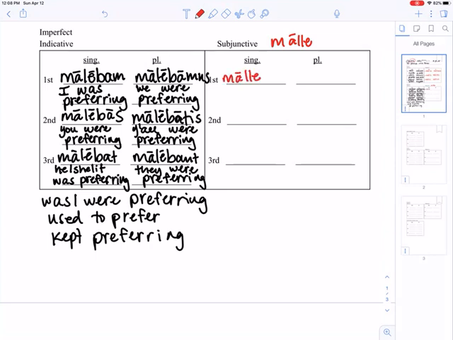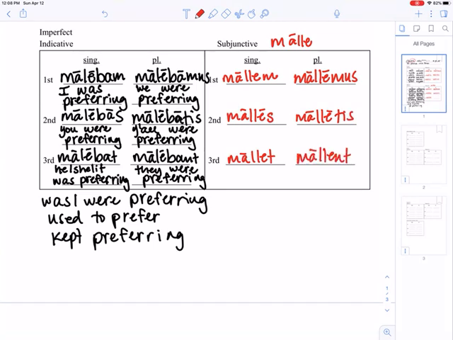And so we'll have malle, and then we're going to add M. Just like we've done for the second singulars before, we're going to put a macron over that E, and then add S. And we'll have malles. For third singular, mallet, but only a macron over the A. And then just like before, we're going back to double macrons for mallemus and malletis, but only one over that A for mallent.